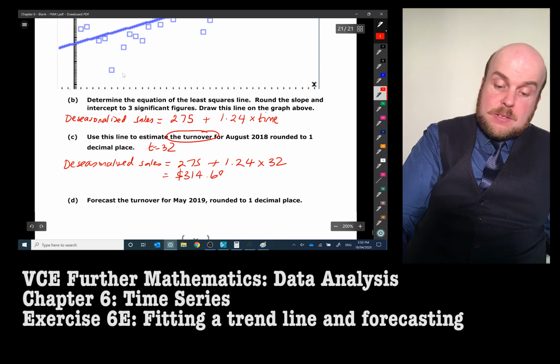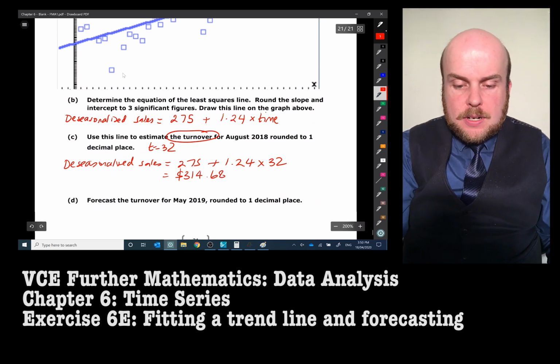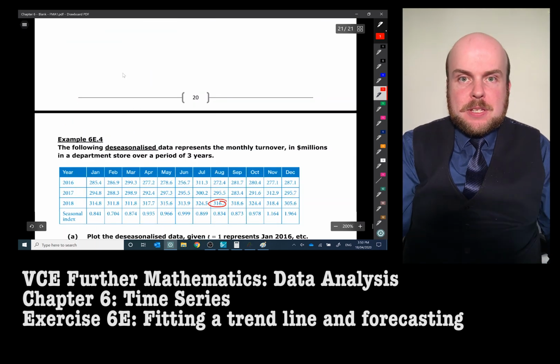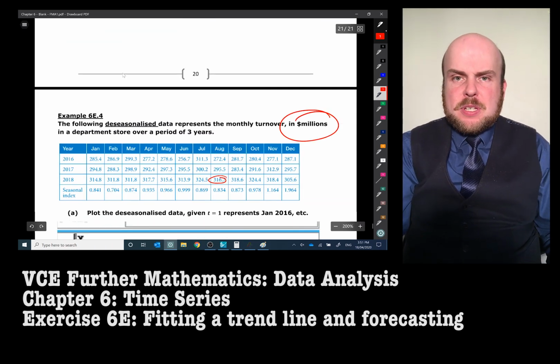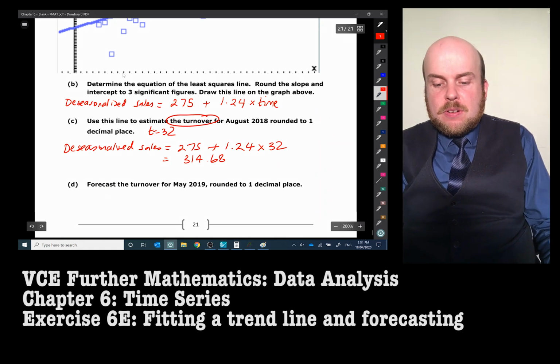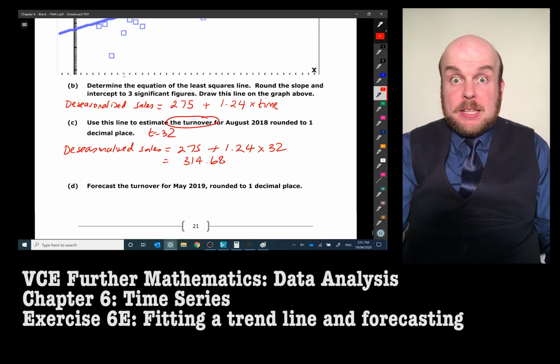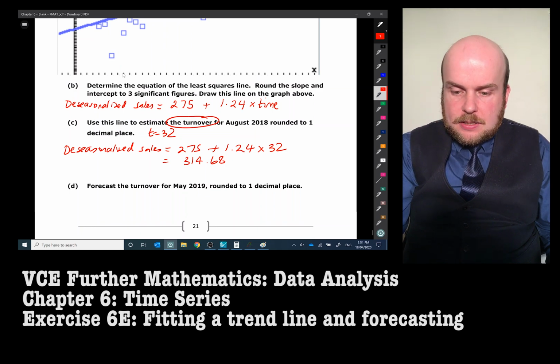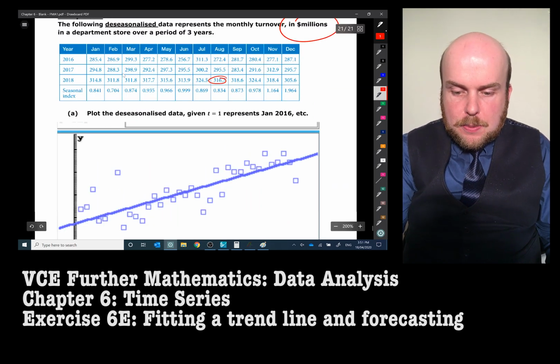Actually, no, it's in millions, isn't it? That's right. That's another trap. It says they're in millions. So please don't say that it's $314. It's actually $314 million. So we know that the seasonal index for this is 0.834.